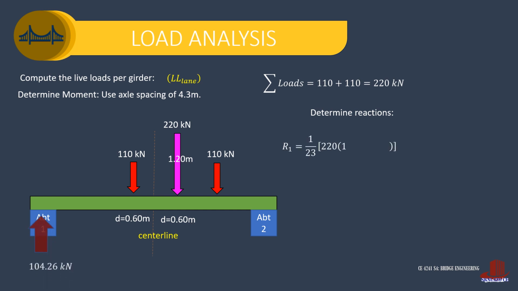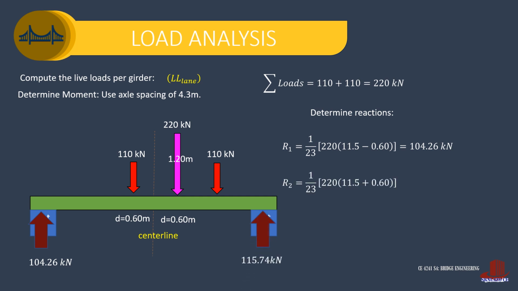The left support has a reaction equal to 1 over 23 times 220 times 11.5 minus 0.6, resulting to 104.26 kilonewtons. The right support has 1 over 23 times 220 times 11.5 plus 0.6, giving 115.74 kilonewtons.